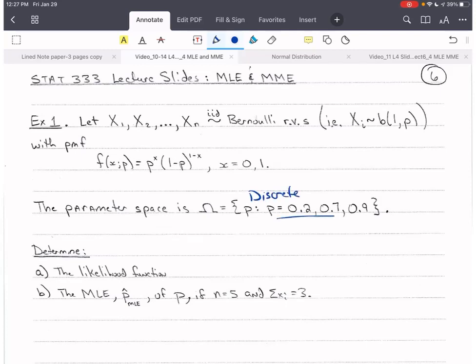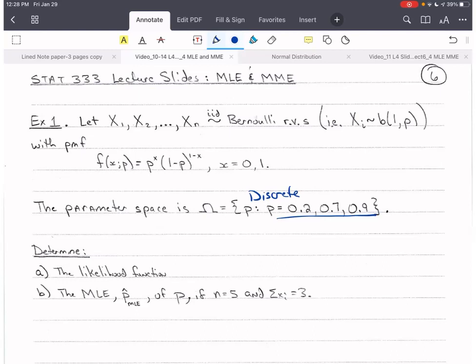Jumping down to here: 0.2, 0.7, and 0.9, we're going to limit the possible choices to that. That sometimes happens in real life, that maybe that's the only possible choices for some reason, and we don't need to look at anything else. We just need to know which one of these values maximizes our likelihood function, and thus maximizes the probability of occurrence, and thus is the value that should be our maximum likelihood estimator.